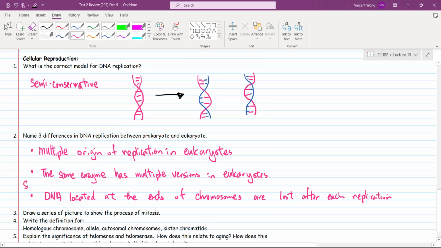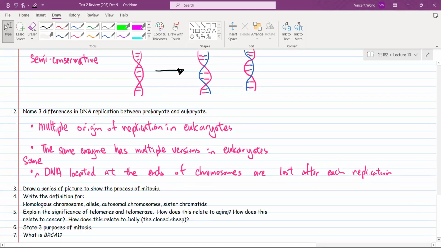Okay? We'll say some. Some DNA located at the ends of the chromosomes are lost after each replication. And that's because of the way DNA polymerase 3 works. It can only go in one direction.